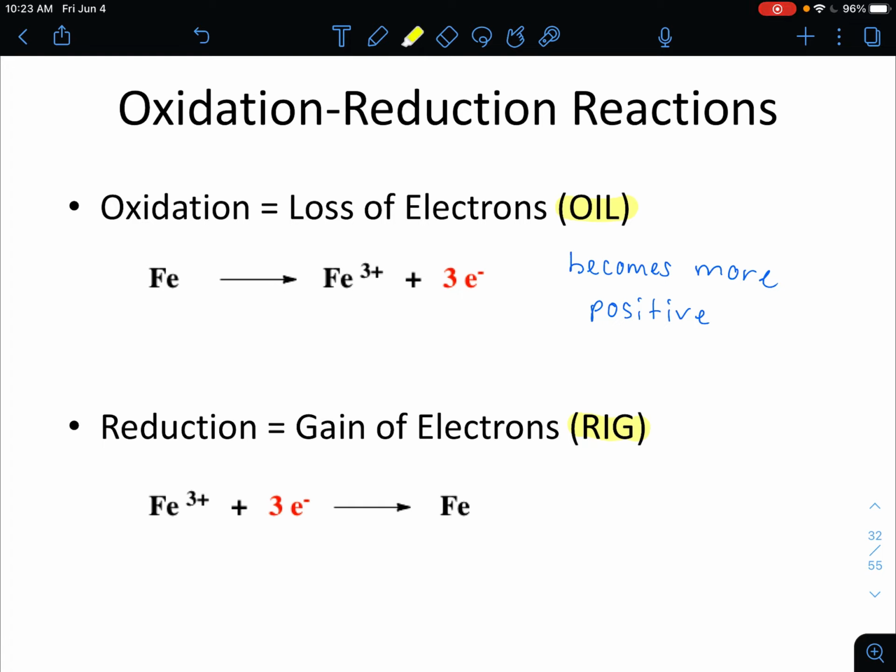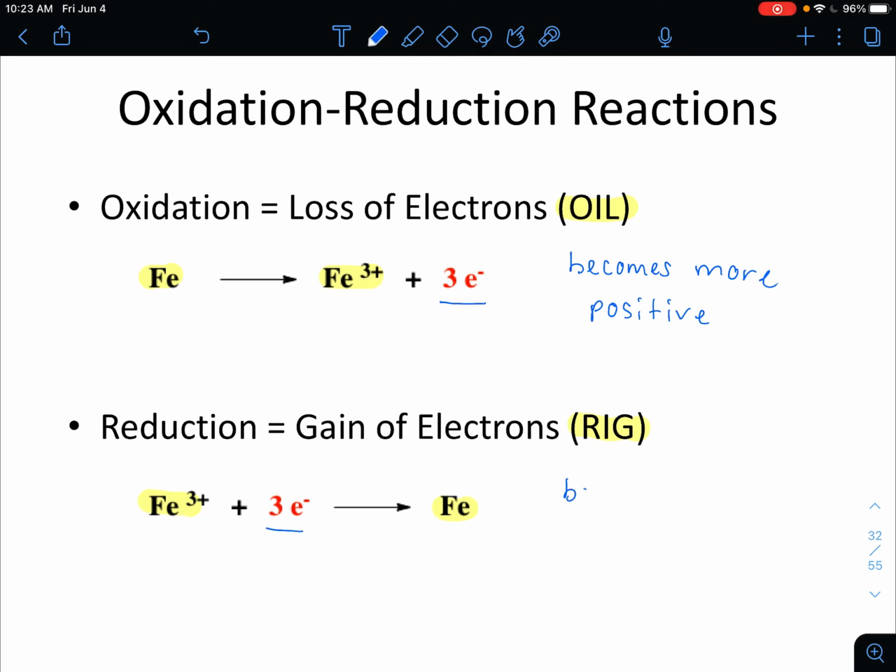In this case, you see iron turning into iron 3 plus cation, but in order to become plus 3, it had to release those 3 electrons. If I flip this reaction around, now iron 3 plus receives 3 electrons to become iron.